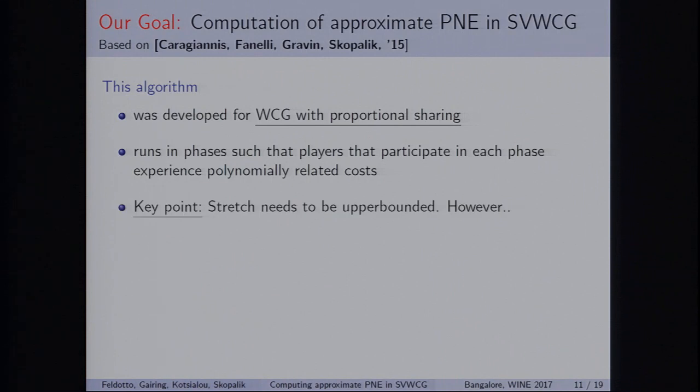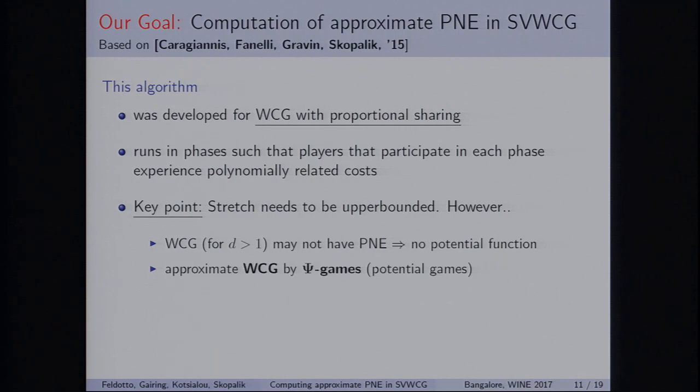To adapt this framework, one needs to upper bound the stretch of the potential. However, for this model, as we said before, weighted congestion games may not have equilibria, and therefore they do not admit a potential function. To overcome this barrier, they approximate the weighted congestion games by a class of potential games which they construct and define as psi games.